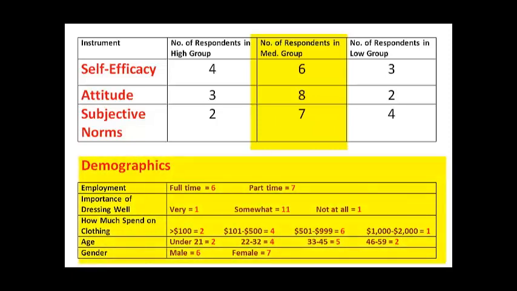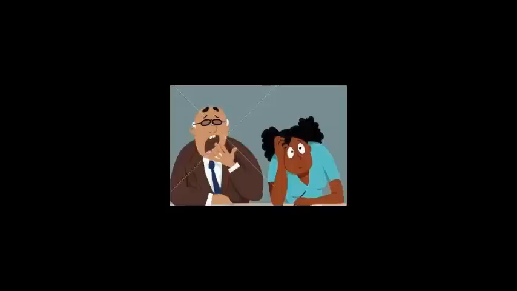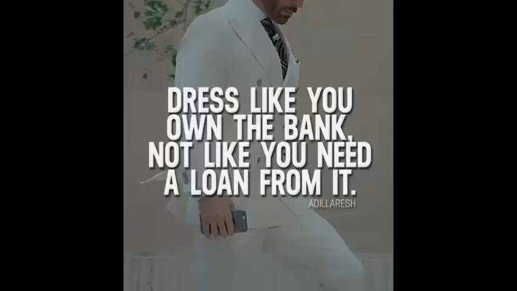For example, if I discover that most of my audience answered the question, how important is dressing well, and the majority responded somewhat or not at all, then they may not see the value in dressing well. In order to move them out of their apathy, I may have to first show them research findings that emphasize the impact of how one dresses on job success, dating satisfaction, and general well-being.